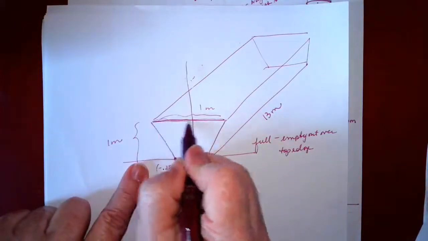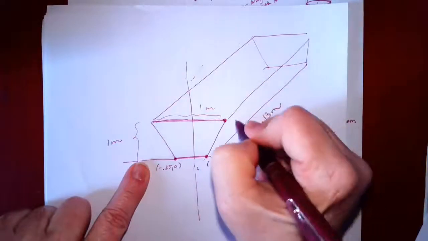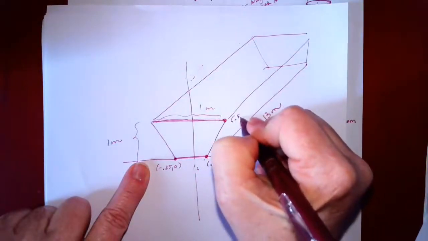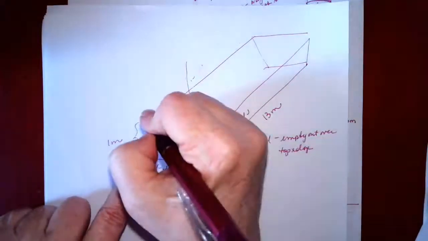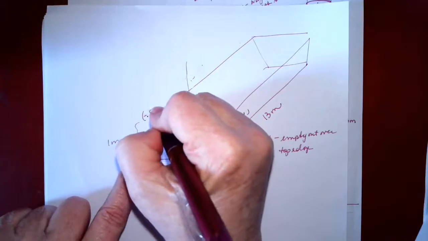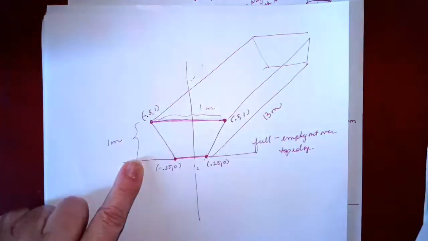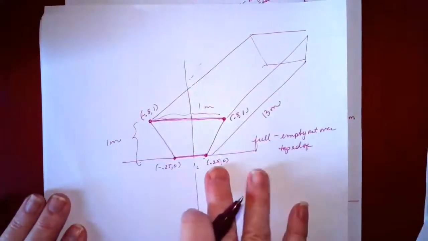The top of my trough is 1 meter wide, so this would be an x value of 0.5 and a y value of 1 because it's 1 meter high. This would be an x value of negative 0.5 and a y value of 1 at this point. And that's just because of the way I have it centered on the XY axis.